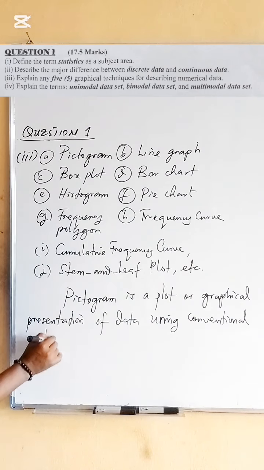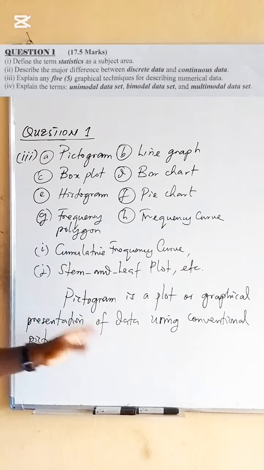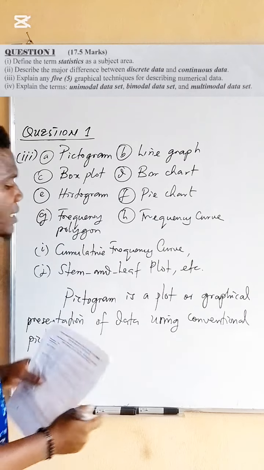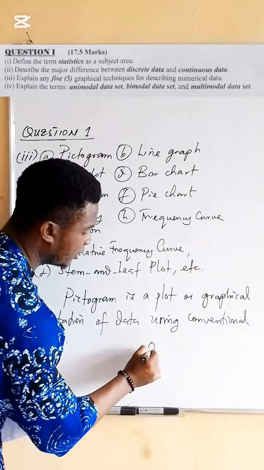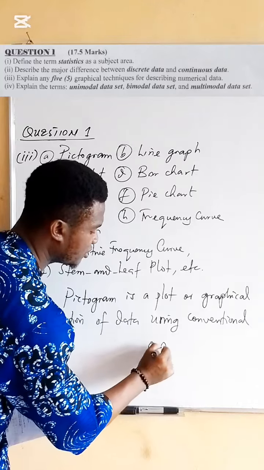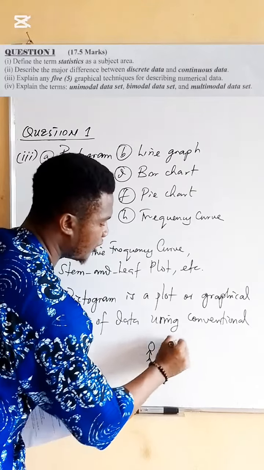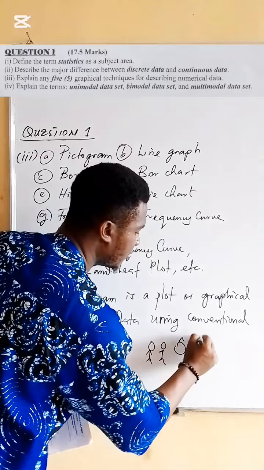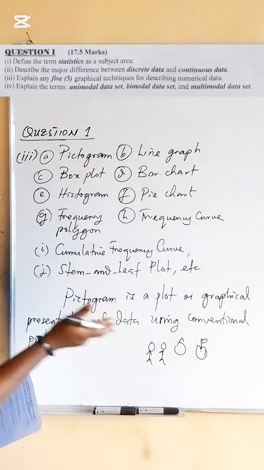Now, what do we mean by conventional pictures as it concerns the pictogram? The pictogram is when you use symbols such as humans, oranges, apples, as the case may be, to represent numbers.